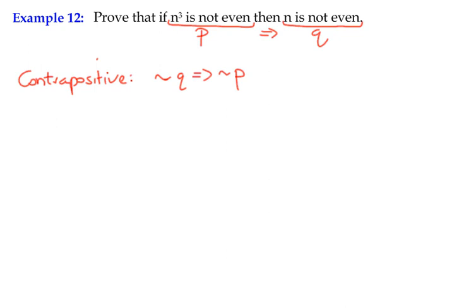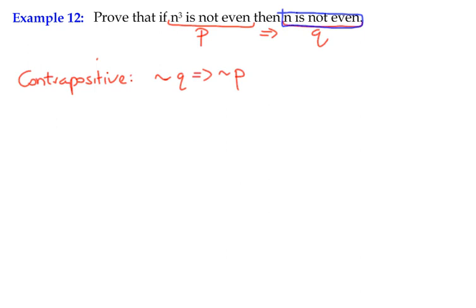So what is not Q? Well, Q says that n is not even, and although sometimes we say in a negation statement that there isn't a black and white, in some cases there is. So if we're told that n is not even, then the negation of that is that n is even, or n is not odd.